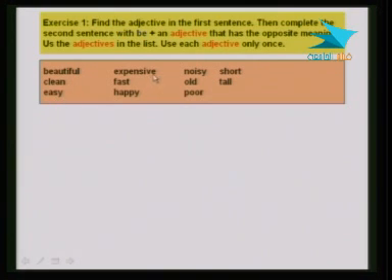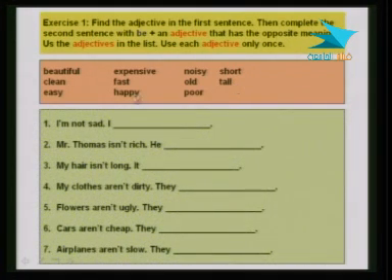Expensive. Fast. Happy. Noisy. Old. Poor. Short. Tall.